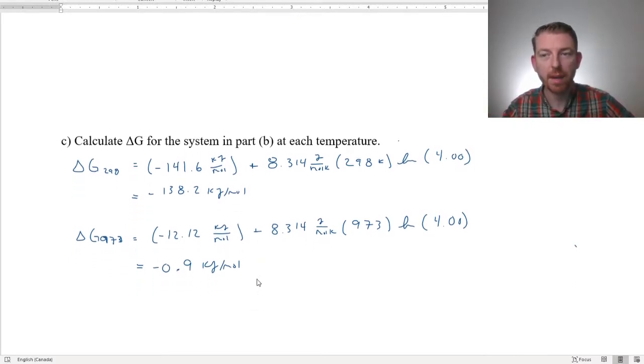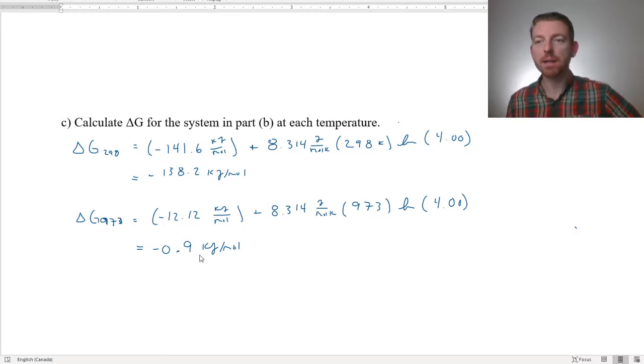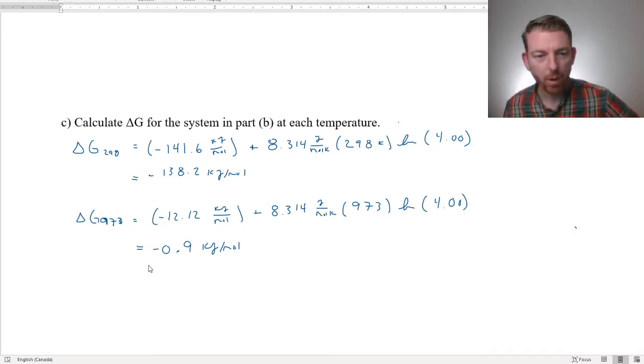So what does this matter for our process? Well, we're not really trying to extract work out of this process. We want the product. So the fact that there's less work that the system can accomplish at this point is kind of immaterial. It doesn't really matter for us. Why do we want to go with that higher pressure or that higher temperature?